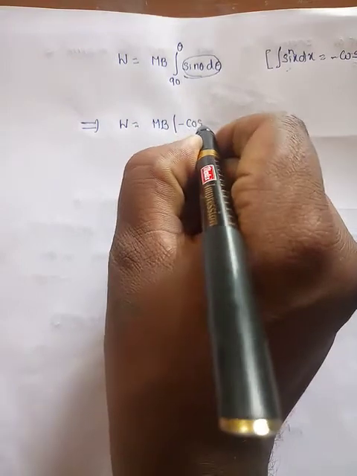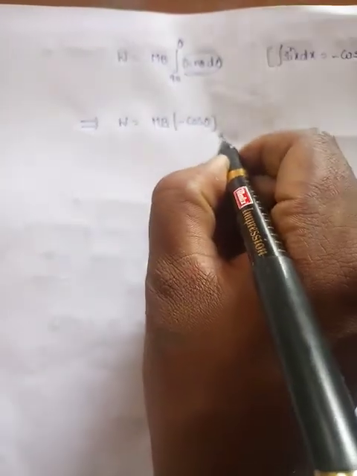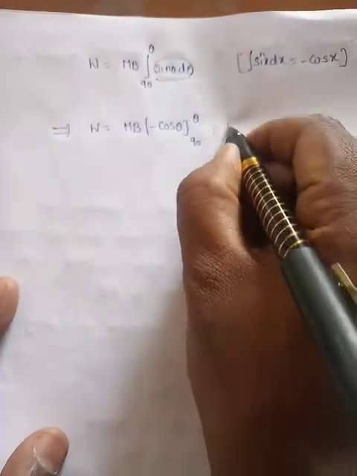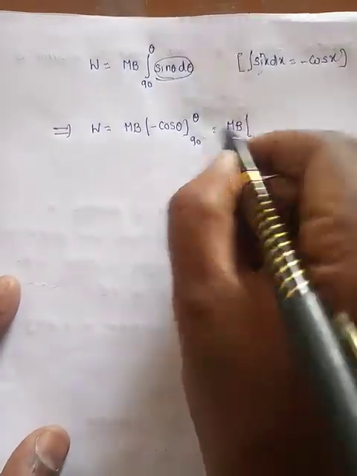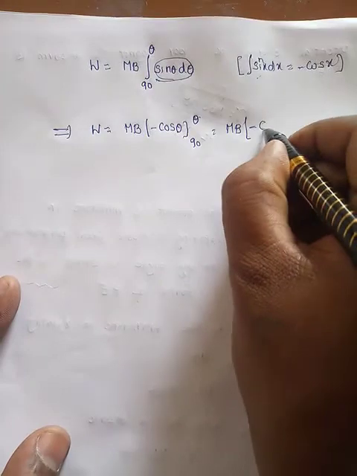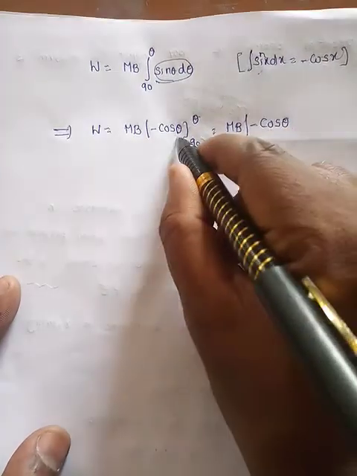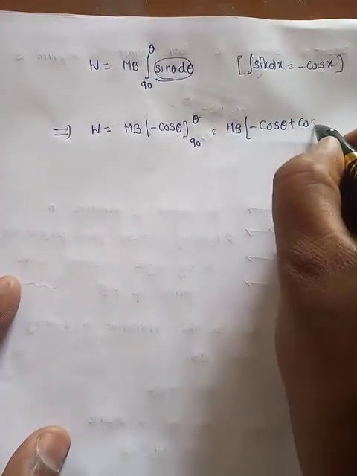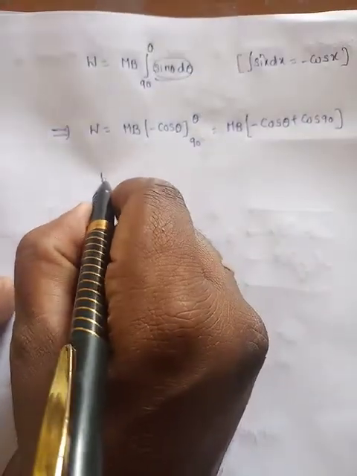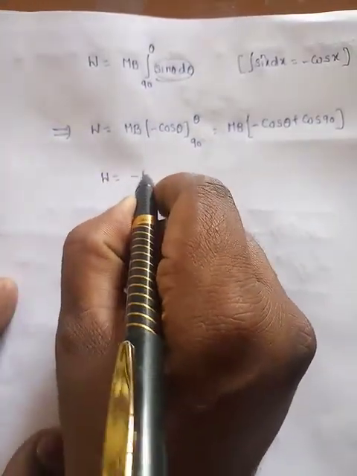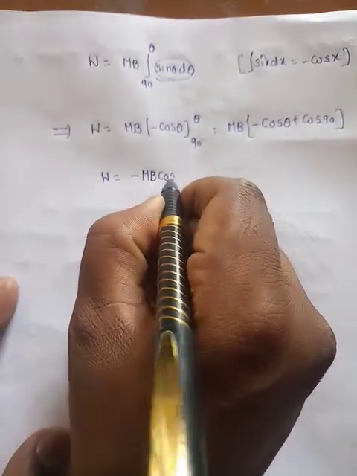minus cos theta from 90 to theta. Apply the limits. First the upper limit, that is minus cos theta, minus of minus plus cos 90. Cos 90 is 0. So W equals minus mB cos theta.